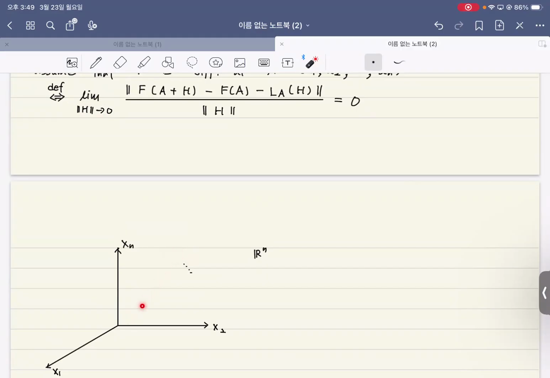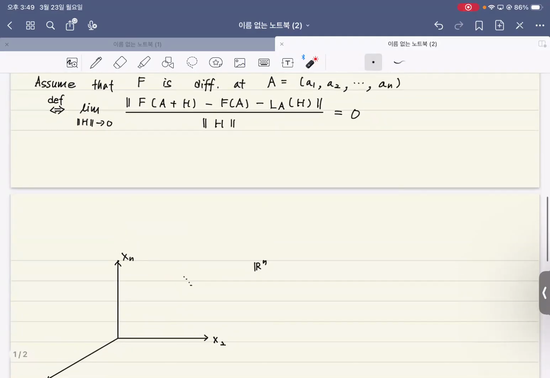H may tend to 0 following this route, or that route, or this crazy spiral route whatsoever. But the point is, even so, the limit of this guy exists and equals 0 means no matter which route you choose, this limit should exist and this number must be 0, right?